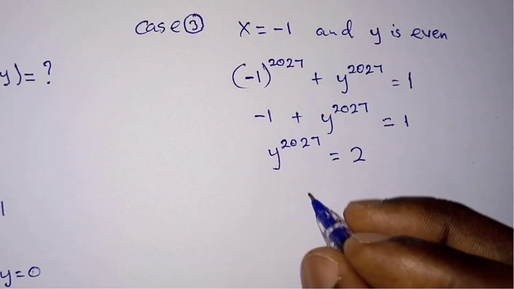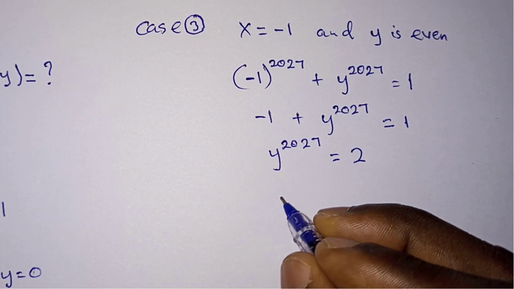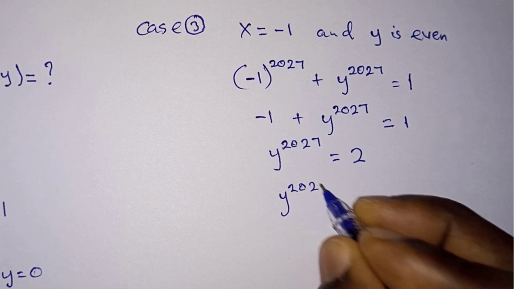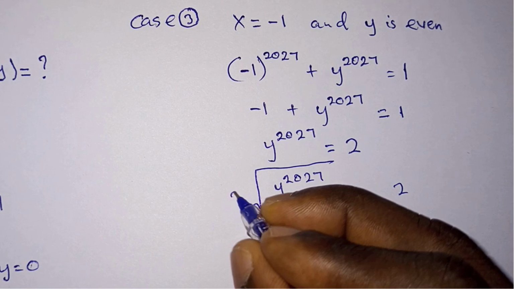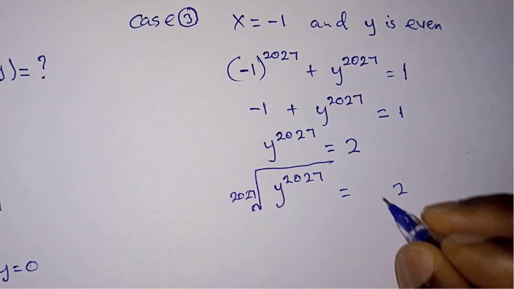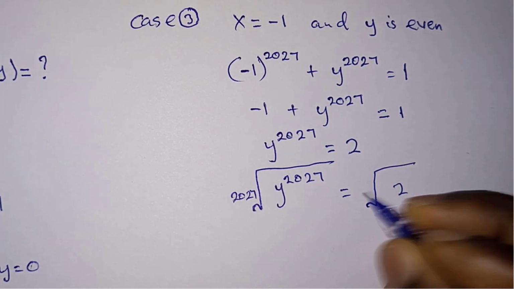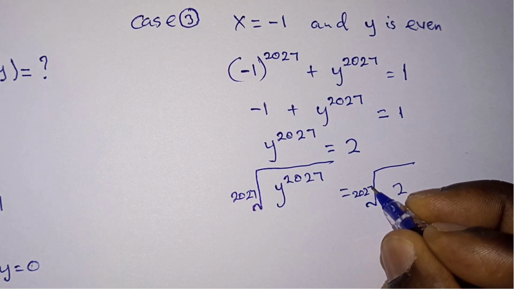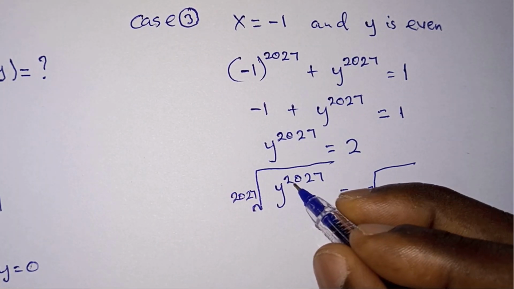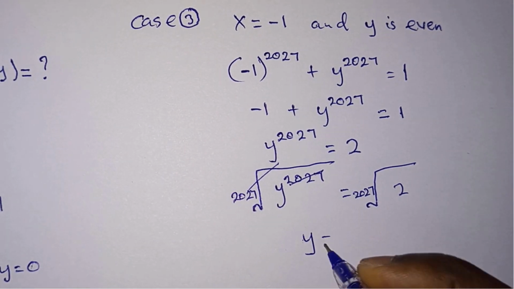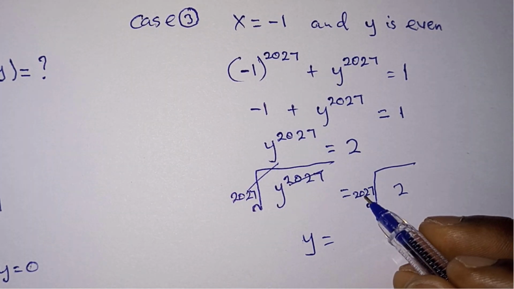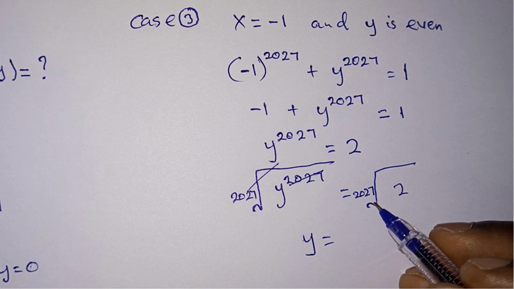Right? We are looking for y, so we will just take 27th root on each side of the equation, so that this will cancel this. Now we have y is equal to, because this is an odd number, we will not bring plus or minus, right?